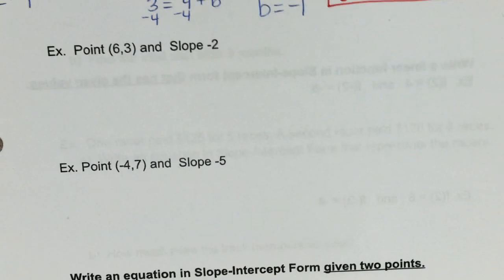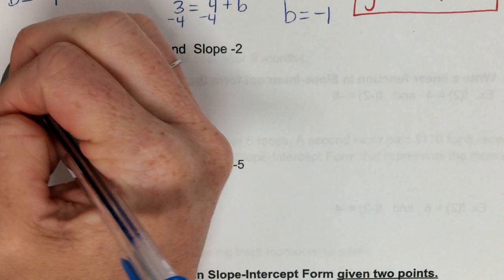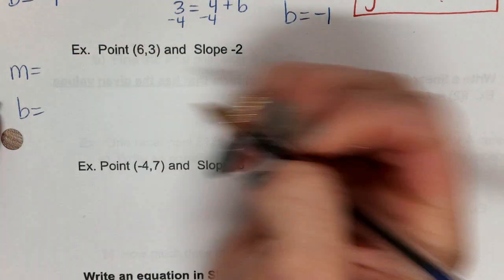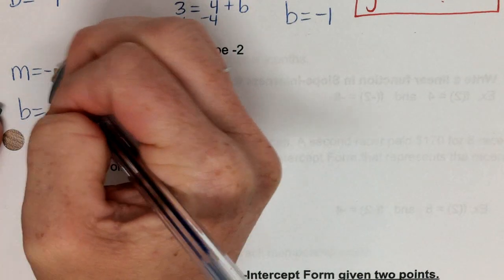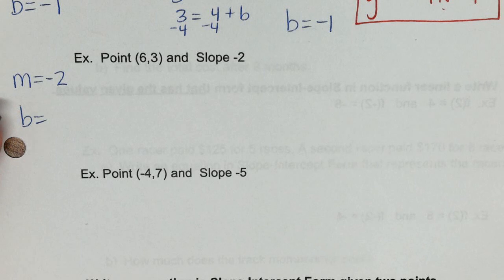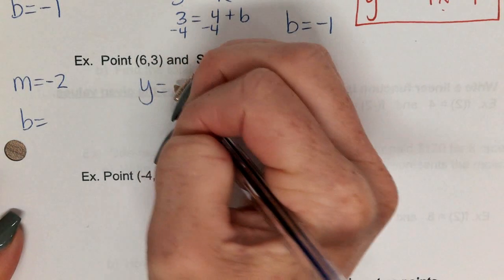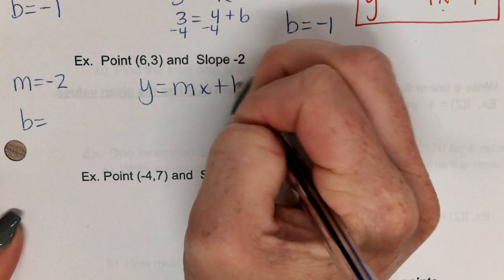Okay, let's do the second one. To write an equation, I need an m and a b. Did they give me the m? -2. Did they give me the b? No. So I have to go solve for it. So to solve for it, I write the equation y equals mx plus b.